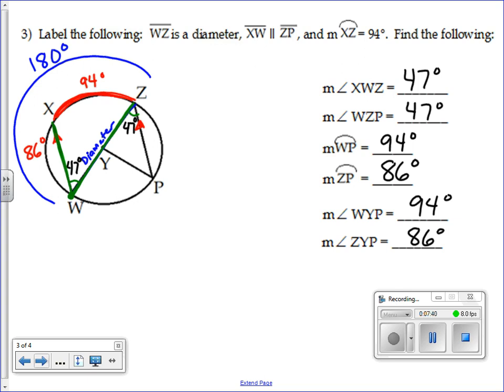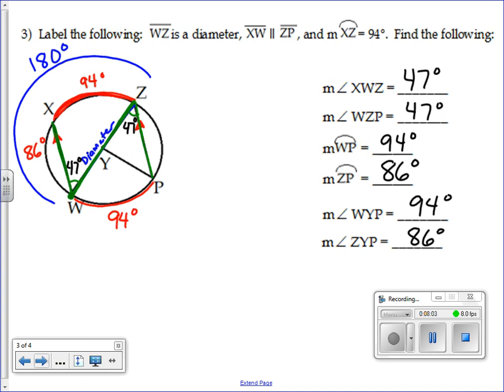And now we can take a look at the other half of the circle. It's going to be the same as the first half of the circle. If I'm looking at angle WZP, that's an inscribed angle. Its intercepted arc is WP. So I'm going to double 47 to get 94 degrees.